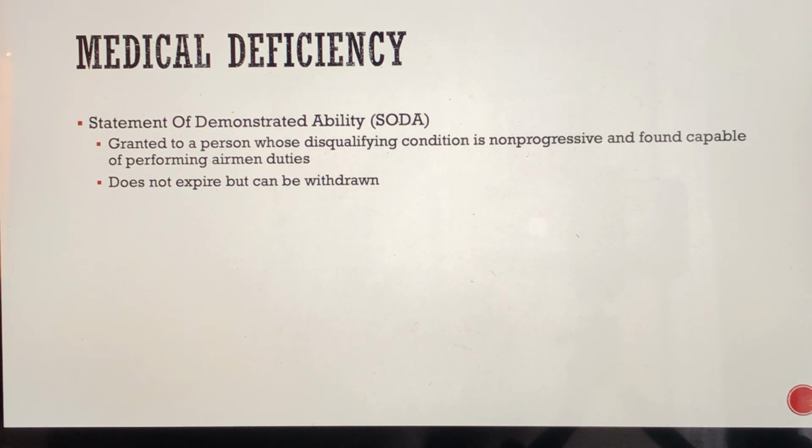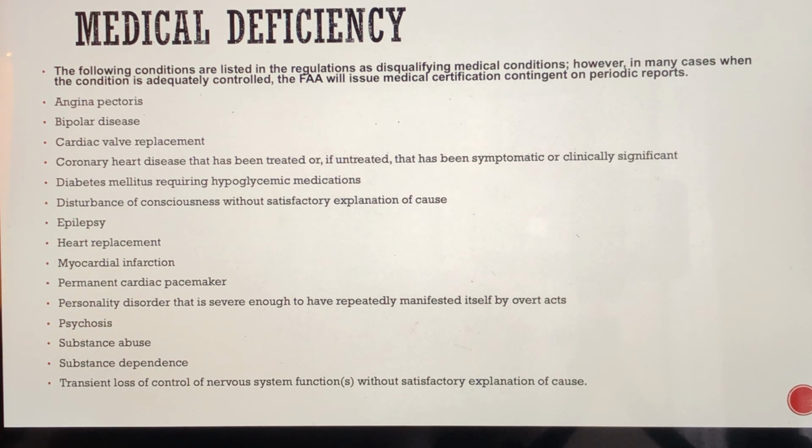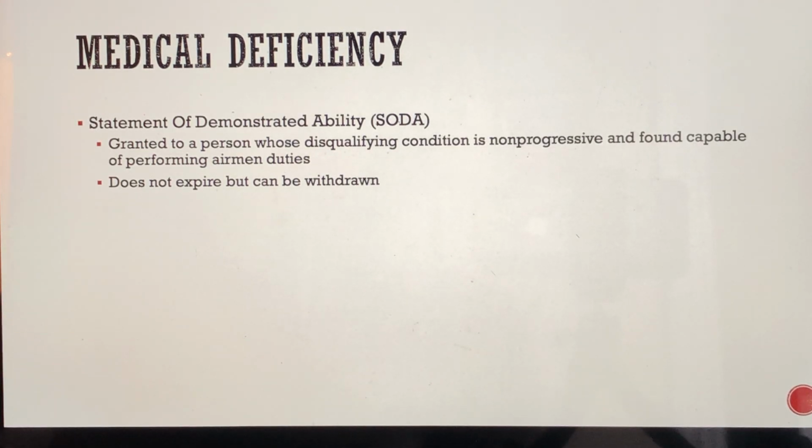This does not expire, but it can be withdrawn. So not only is it things on this list, but it could be losing a hand and being able to demonstrate that you're still capable of safely flying an aircraft, and it's not a disqualifying condition as long as you're able to demonstrate it.